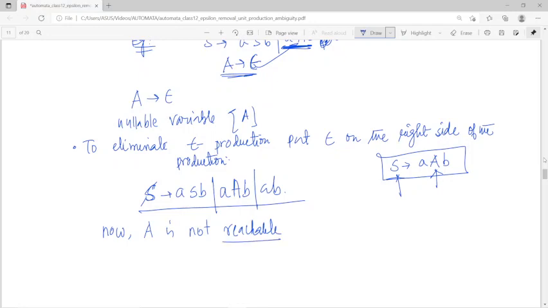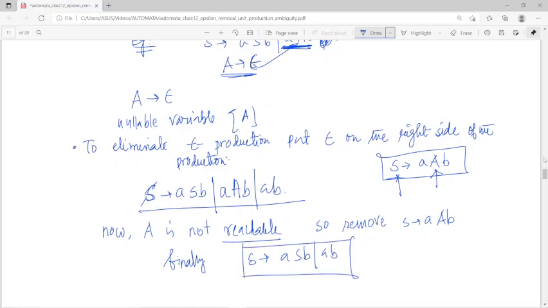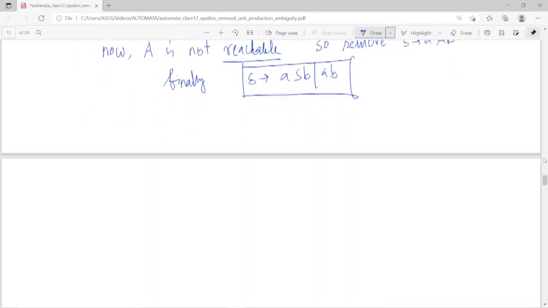This A is not reachable. So you can remove the rules that are not reachable from the start state. So finally what I am getting from S, the final rule that we will get, is nothing but this. So if we take another example, it will be more clear to all of you.